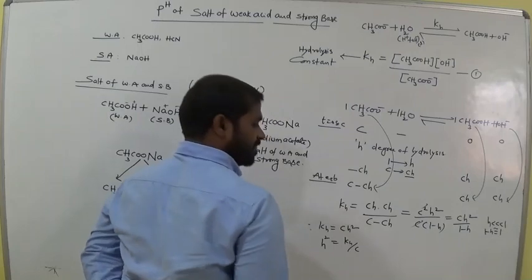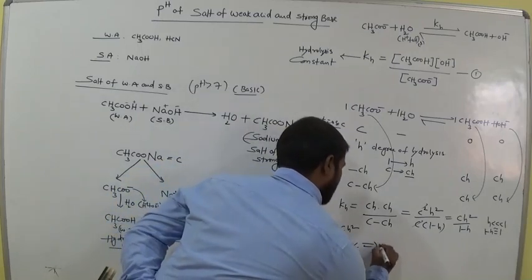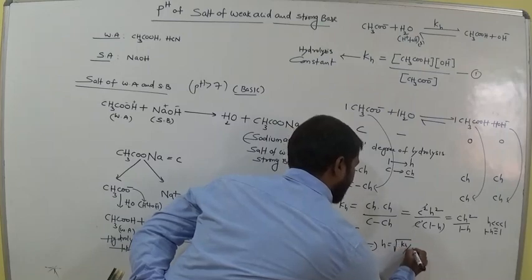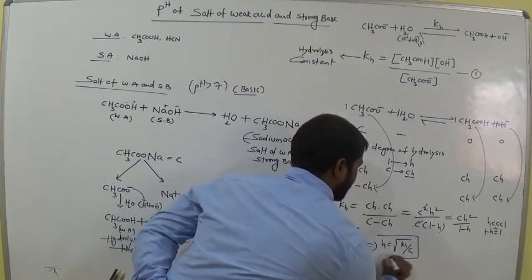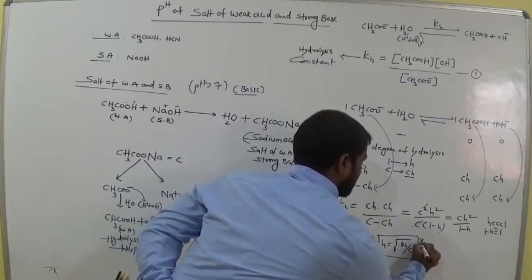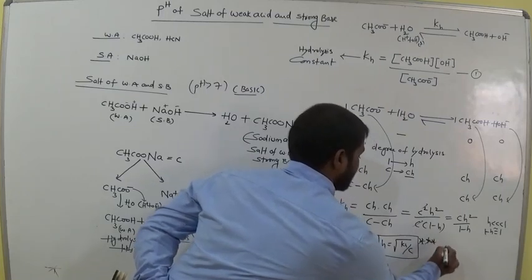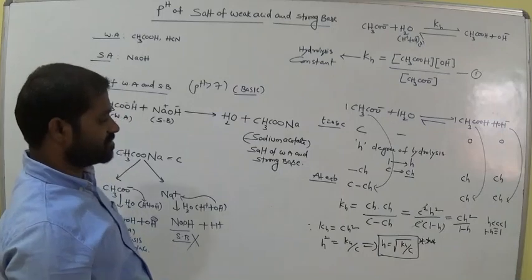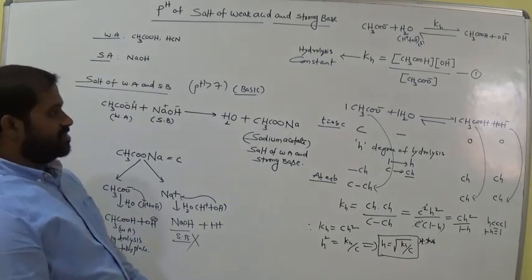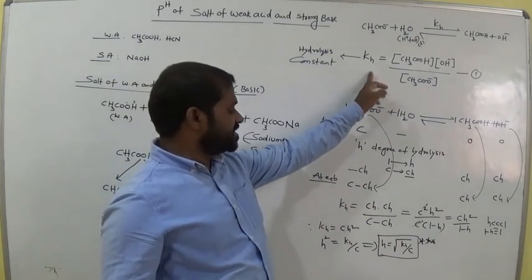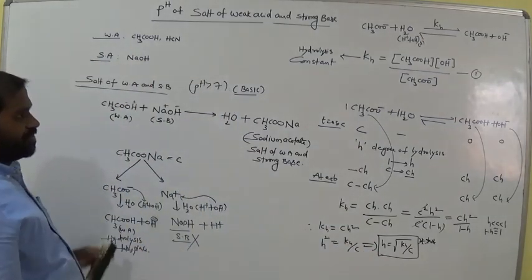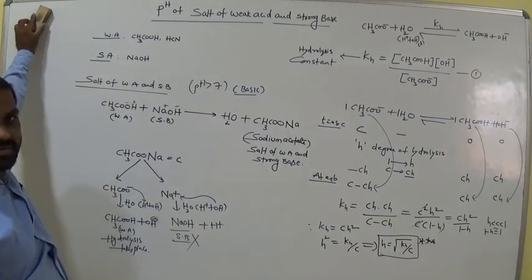Kh by C. Am I right? And from this, what is the value of h? Square root of Kh by C. Am I right? This is the very important formula, where h equals the degree of hydrolysis. So keep these all values in this expression, then we get the Kh and h relation. Clear, all of you?